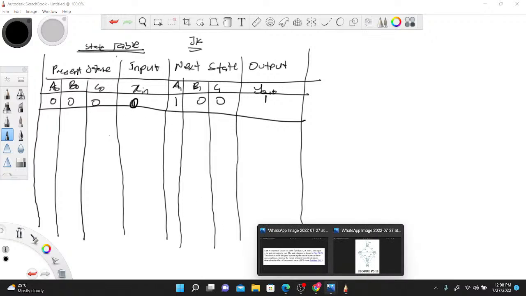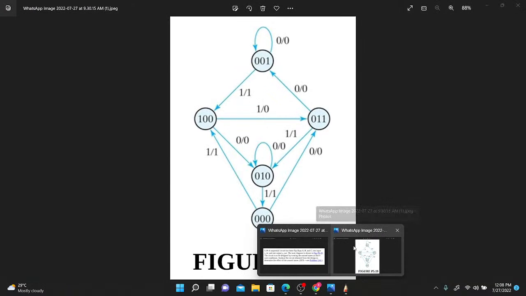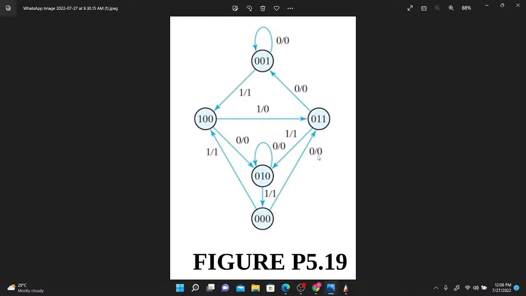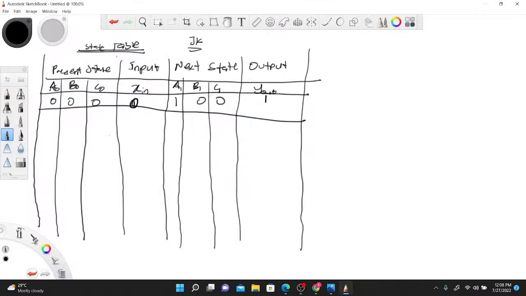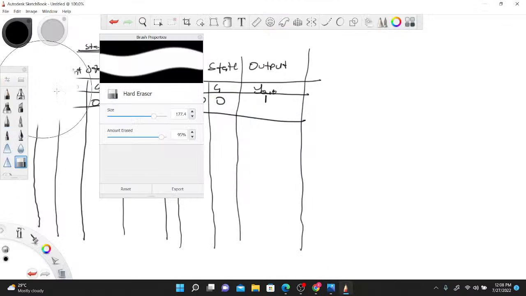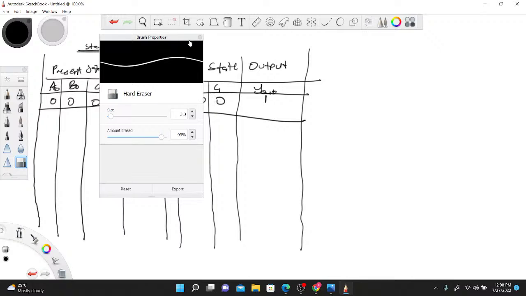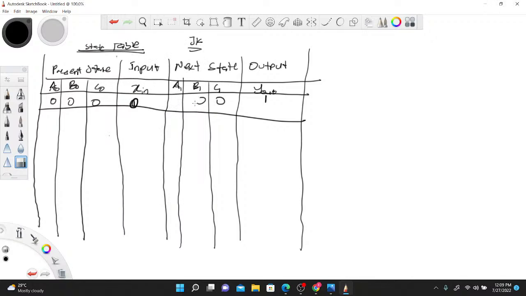Wait, relax. Talking about zero: when it is zero, you have an output of 0, and it's going to 0 1 1. So sorry about that. You have 0 1 1 with an output of 0.